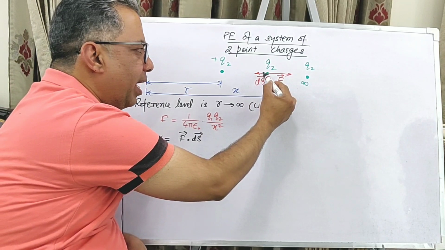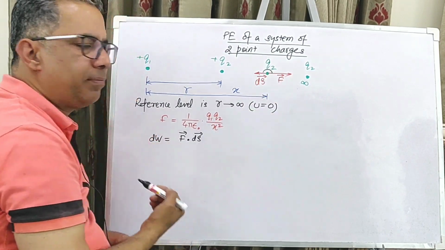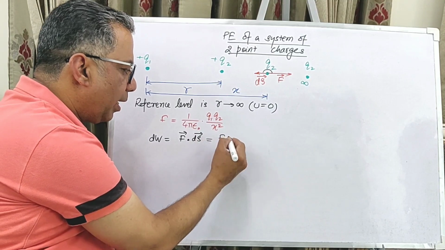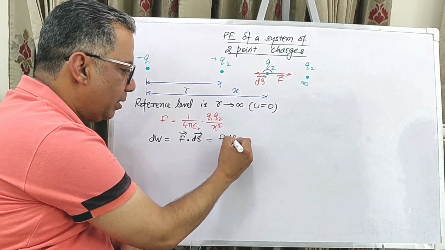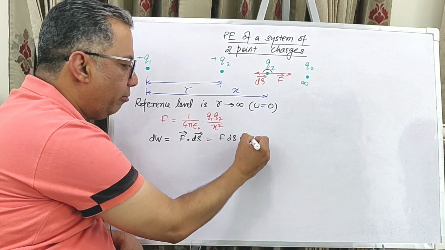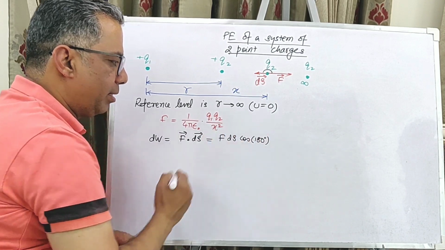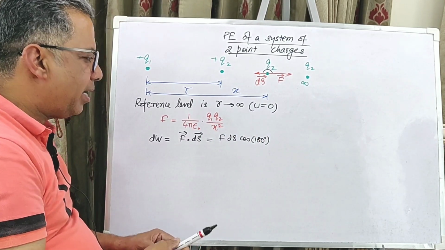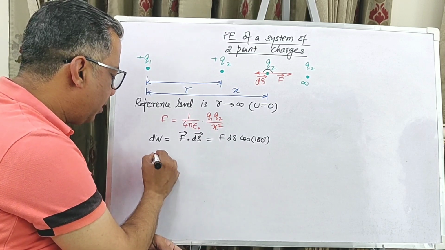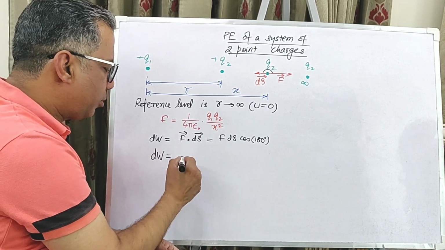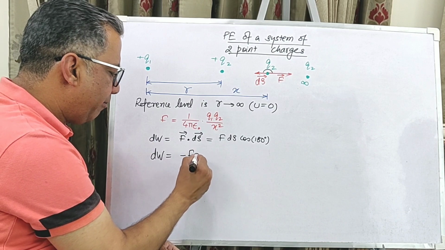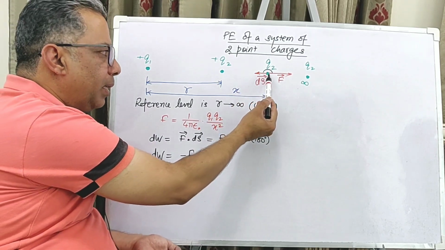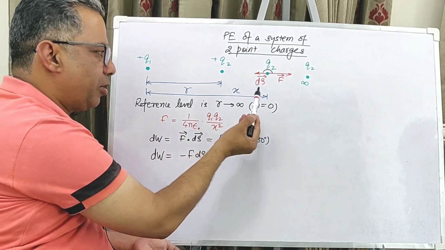Now the angle between F and ds here is 180 degrees or pi radian, and so this is F into ds into cos of 180 degrees. Now cos of 180 degrees is -1, so this dW here comes out to be minus F times ds.